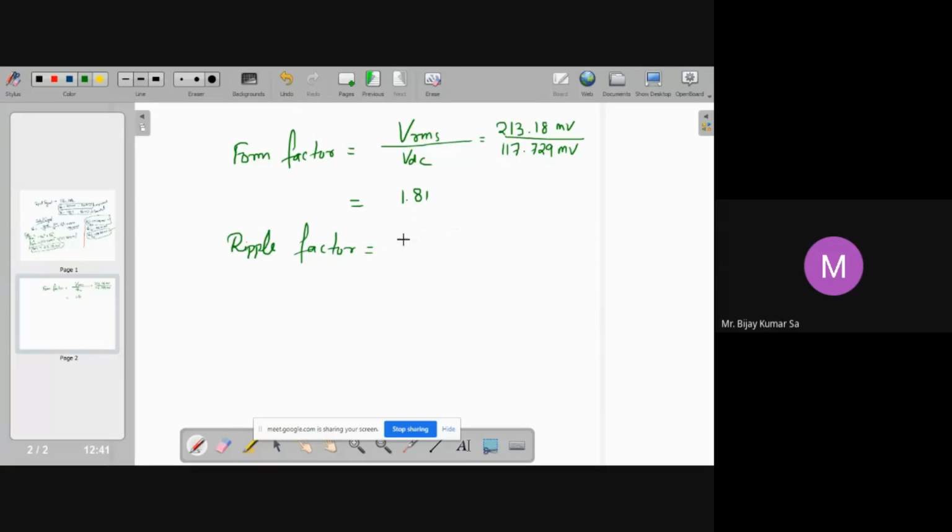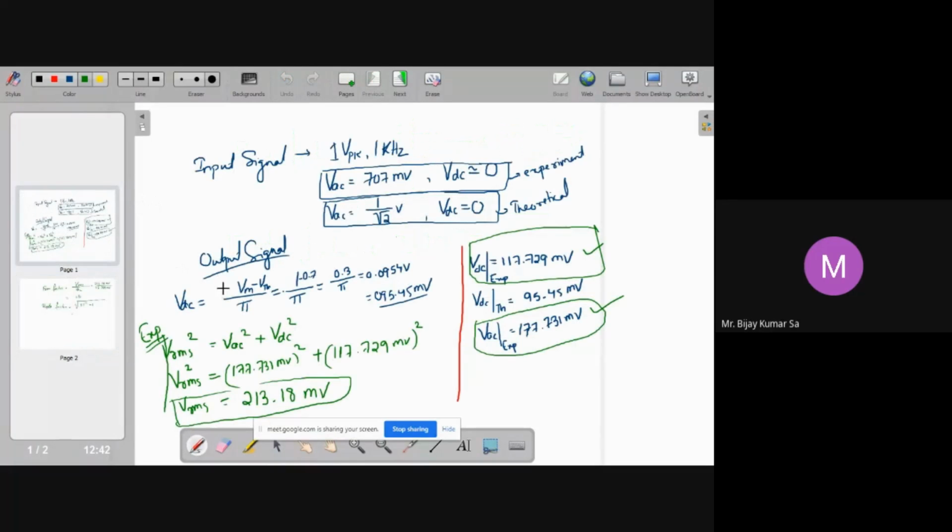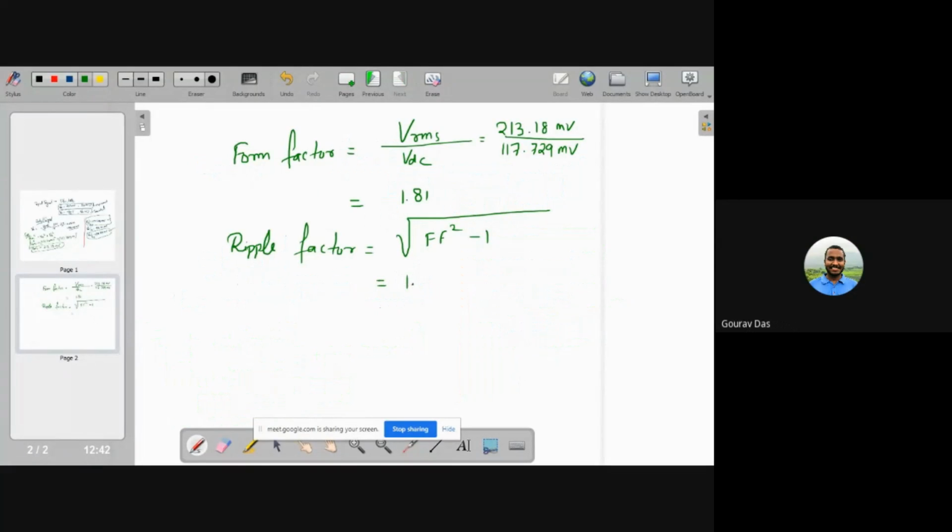Ripple factor is given as square root of form factor square minus 1. So calculate form factor square, how much is it coming? Calculate and tell me. So 1.5.